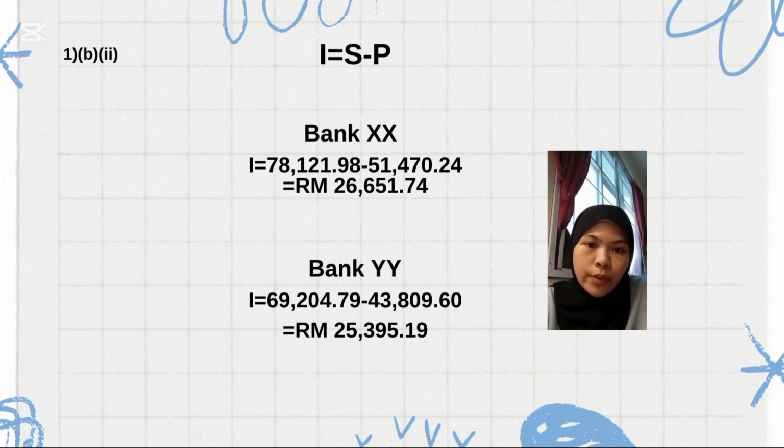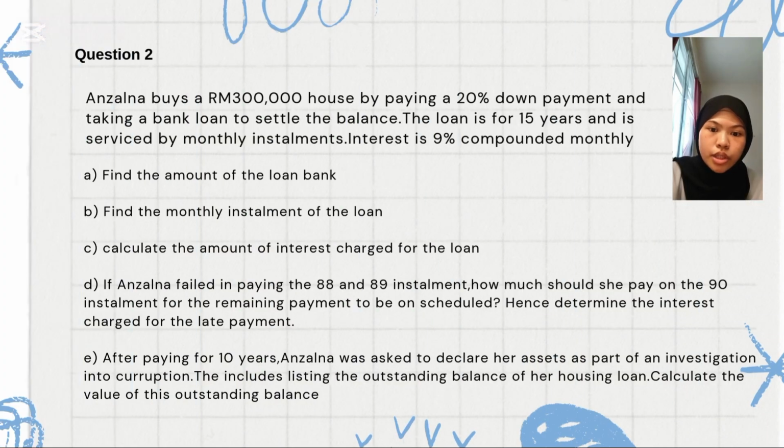While for bank YY, I equals 69,204.79 minus 43,809.60, and the answer is RM 25,395 ringgit 19 cents.